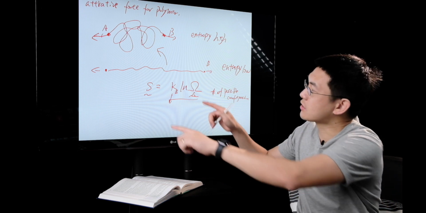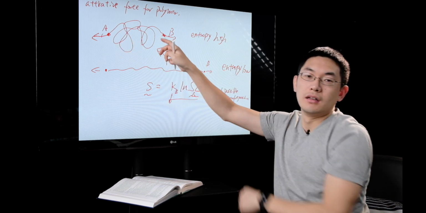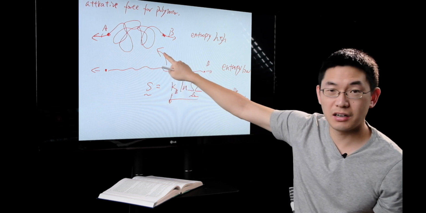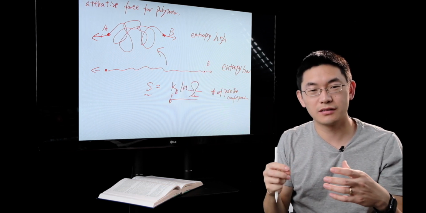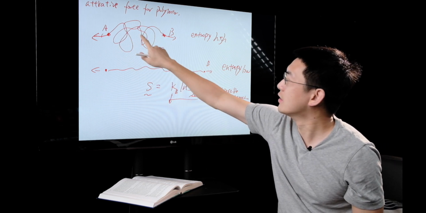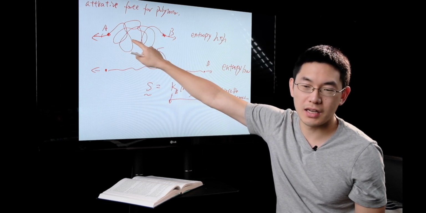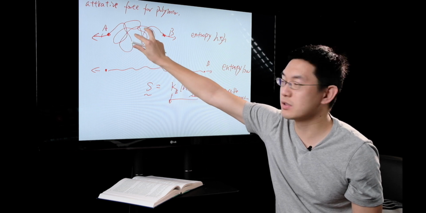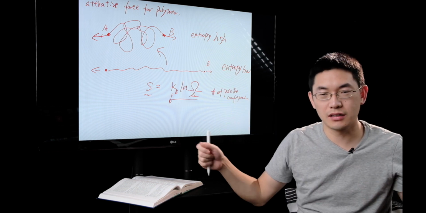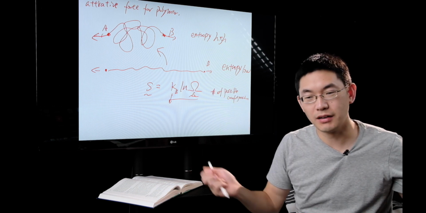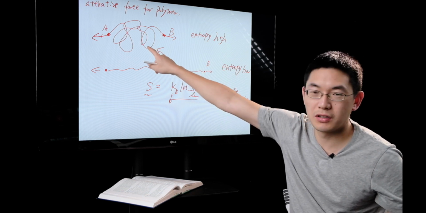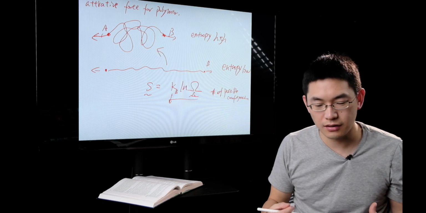So now look at the top one. In scenario A, your chain is coiled. There is so much randomness in how you can reach this end-to-end distance, as we discussed in the previous lecture, right? Your possible states here are much, much higher than for an extended chain, because in the extended chain, if I want to take a certain bond angle, it will not reach this state, but it will more likely reach that state.